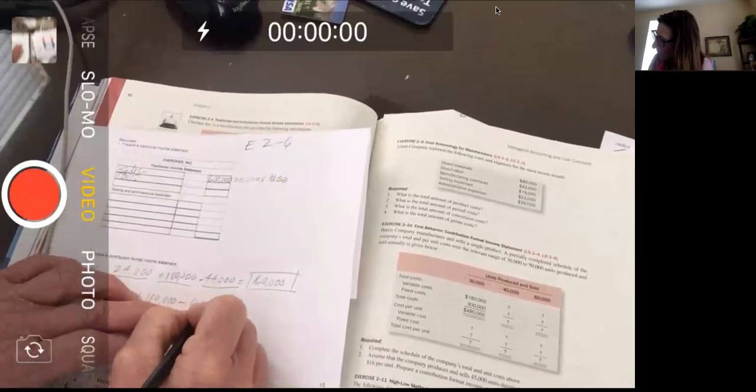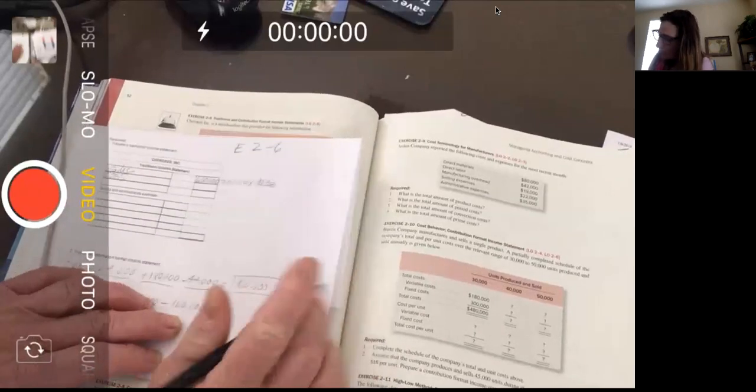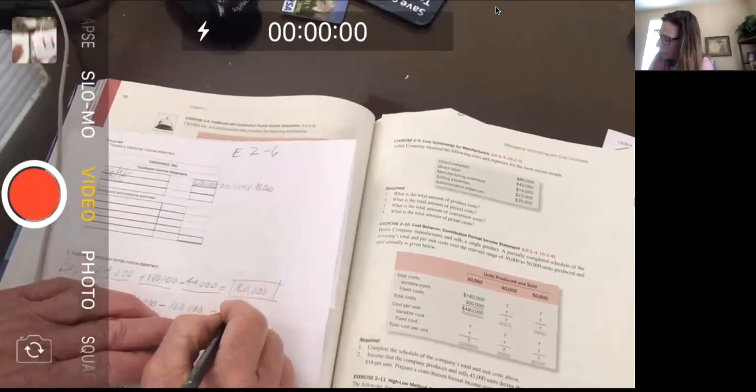I took out, which is my cost of goods sold, 160,000, leaving me with an inventory of $44,000. Okay, that's how I get that. So my cost of goods sold is 160. That leaves me with a gross margin of simply 600,000 minus 160, and that gives me $440,000.